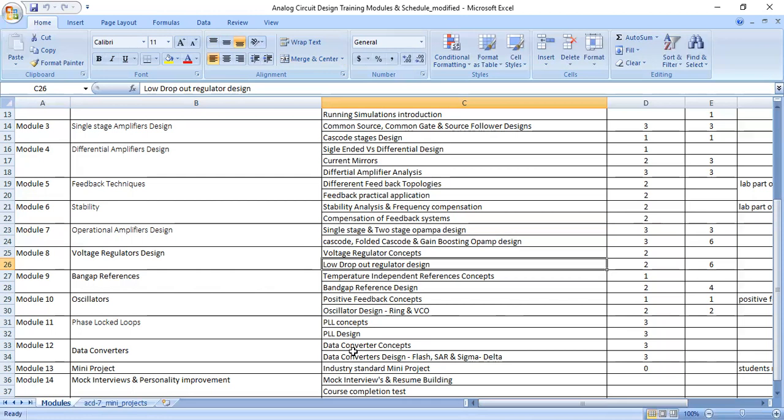It has its own operating voltage spec. Intel will operate at 1.8 volt. Snapdragon may operate at 1.2 volt, right? So to give that 1.8 volt, 1.2 volt, sometimes 0.9 volt, who is giving that? This guy will be giving that particular supply to your processor or a SoC. Okay.